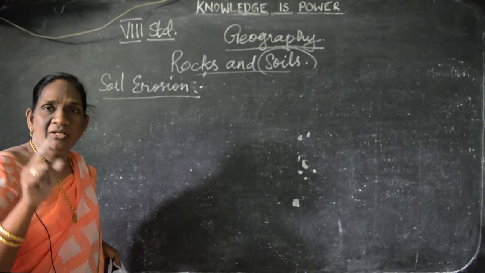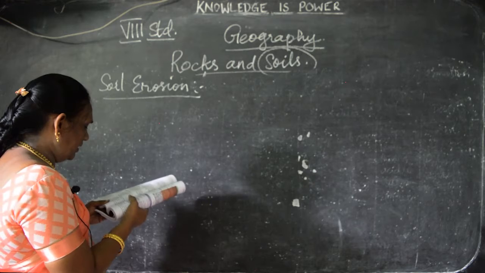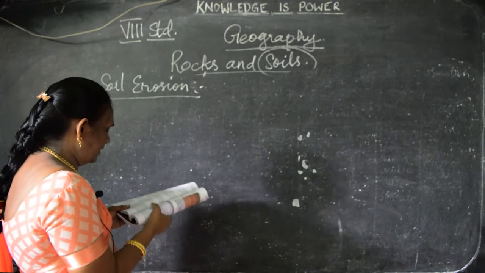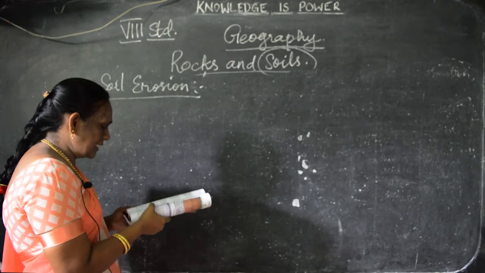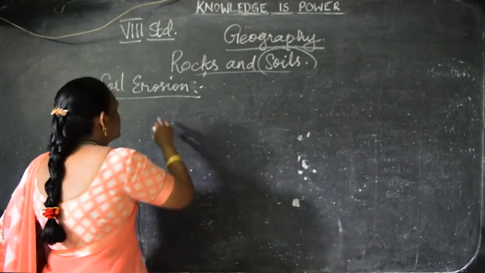Soil erosion is the removal. Understand? It is a removal or destruction of the top layer of the soil by natural forces and human activities. What is soil erosion?